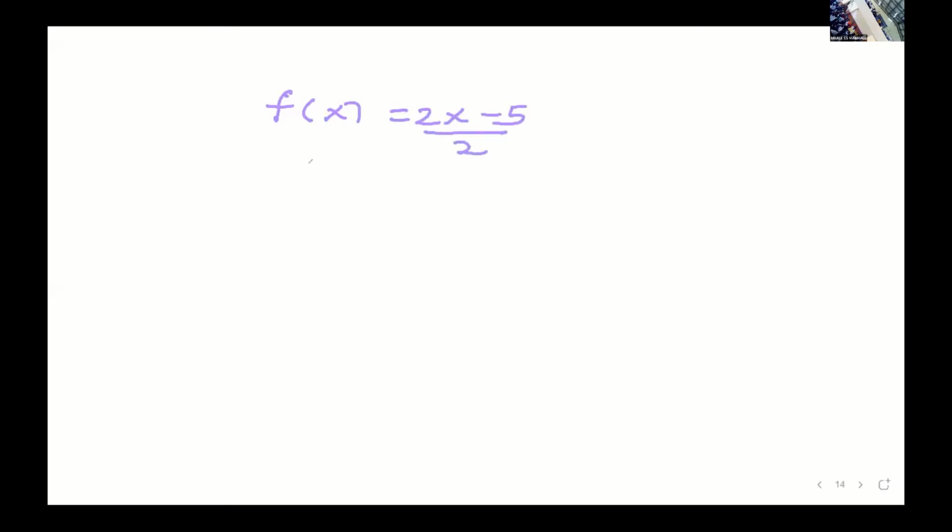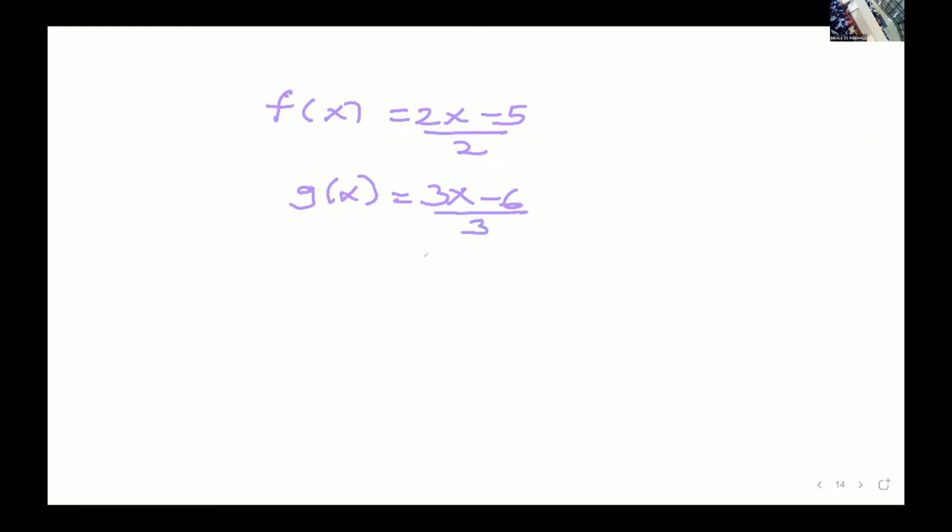Then g of x is equal to 3x minus 6, all over 3.